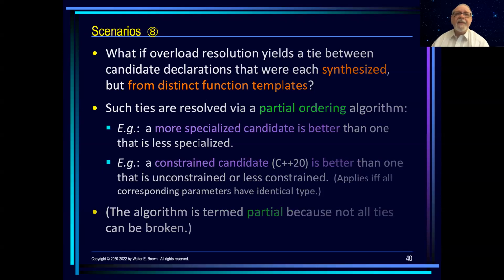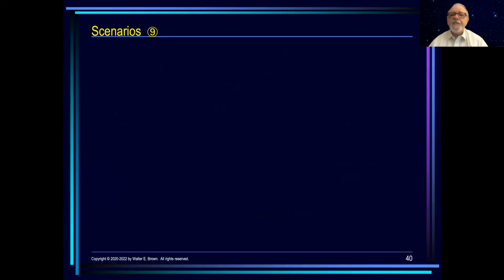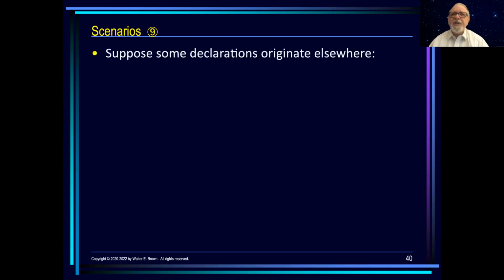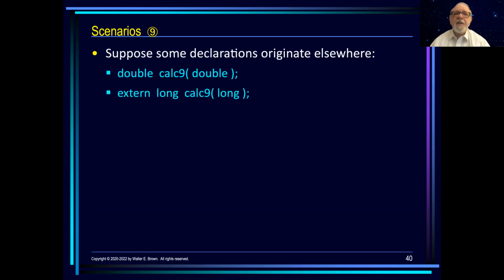Okay, next scenario. Suppose we have declarations that originate, or at least some of them originate, elsewhere, meaning not here. For example, here's a declaration that originates here. Here's a declaration, extern.